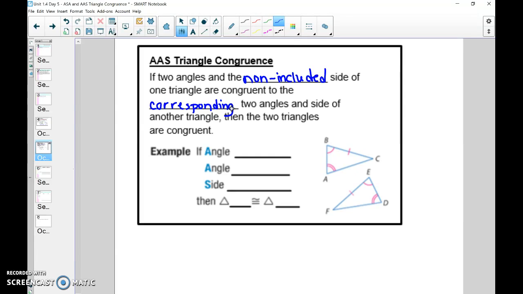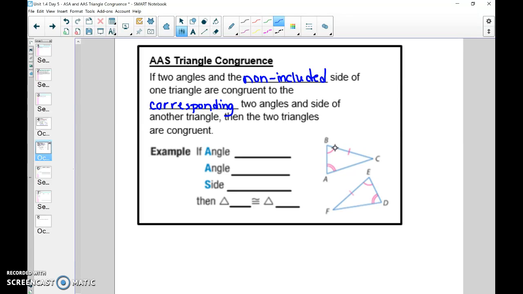When you do ASA or SAS, you have to pick the one that's in the middle of the two sides or the two angles. But with AAS, you could either have the side after here or after here. So technically you have a little bit of flexibility with this one as long as you go angle, angle, side after. Angle, angle, side after.